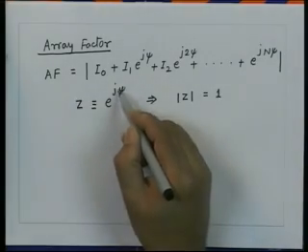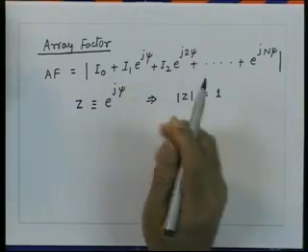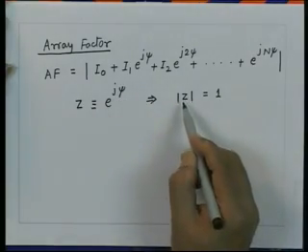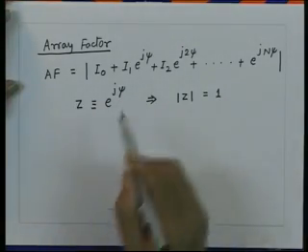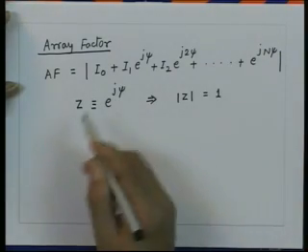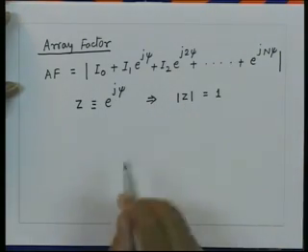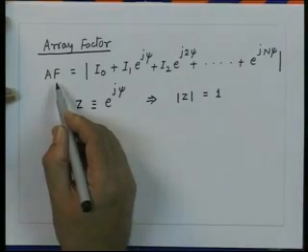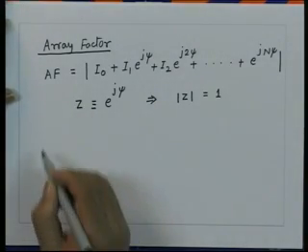So, as the value of angle phi changes, essentially the phase of this quantity z would change. So, in complex gamma plane this point will lie on the unit circle, because magnitude of z is equal to 1.